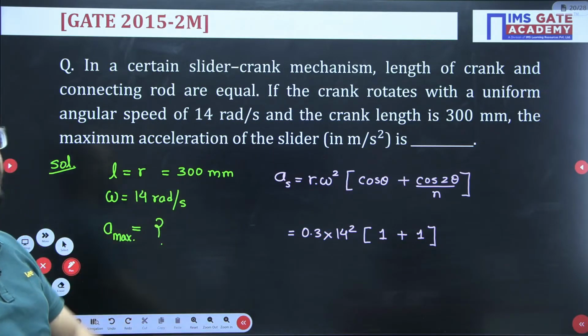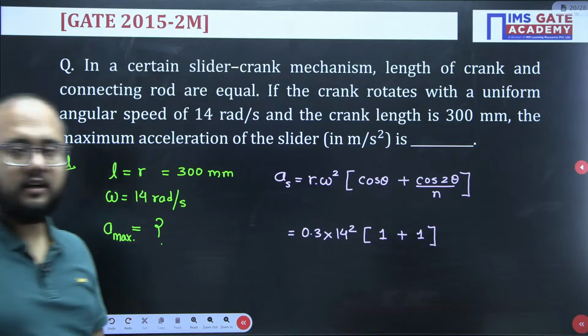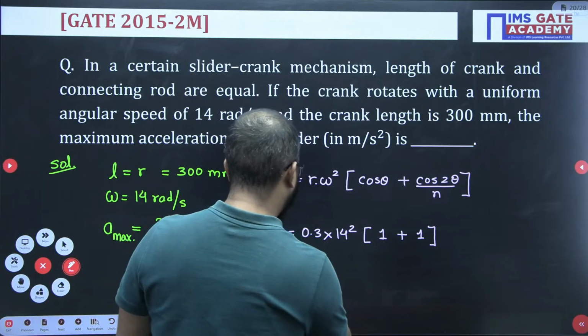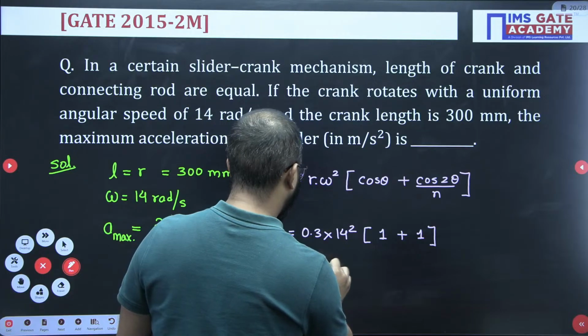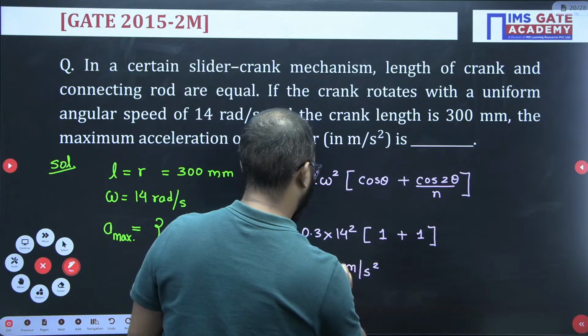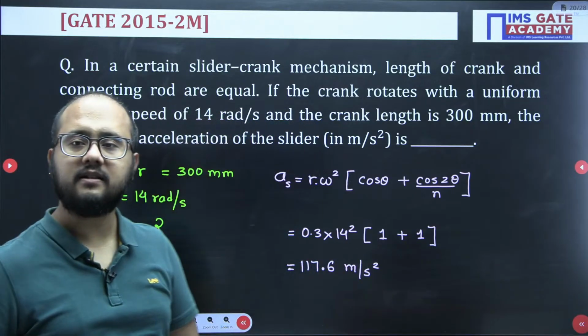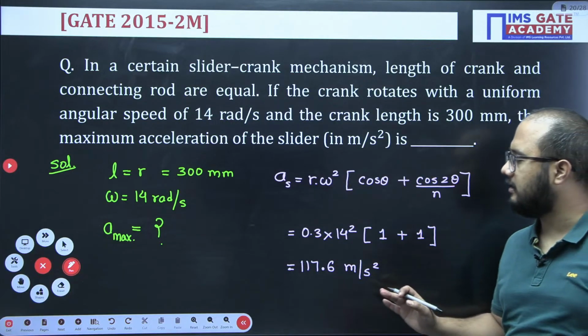So from this you will be getting the answer very easily. 117.6 will be the final answer here. 117.6 meter per second square is the maximum acceleration that we are getting here.